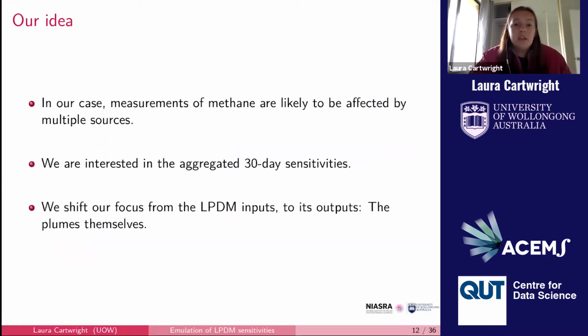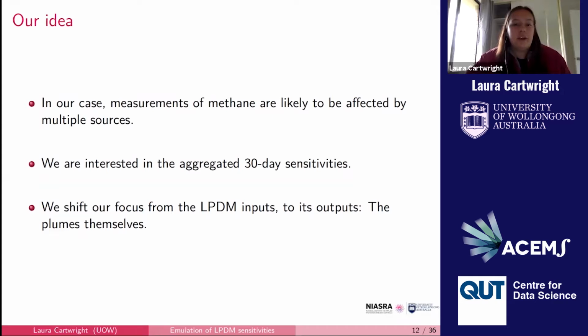But for us, measurements of methane aren't just going to float along in the atmosphere unaffected by other things, because there are methane sources everywhere. You can have methane that comes out of one factory and moves along in the atmosphere, and then methane from another factory, and then they get together, and it's all complicated. So you can't just follow it nicely like that.